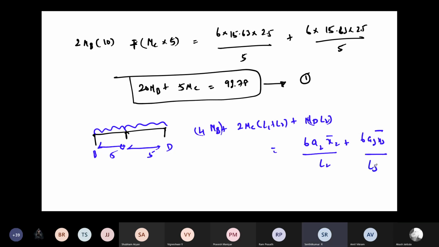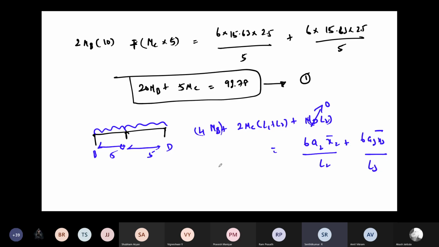So when you do these things, the same equation only is going to come. Here L is 5, and M_D will be 0. You know that. Again M_B L1 and 2M_C (L1 + L2), the equation will come like this. So you just substitute and you will get one more equation.